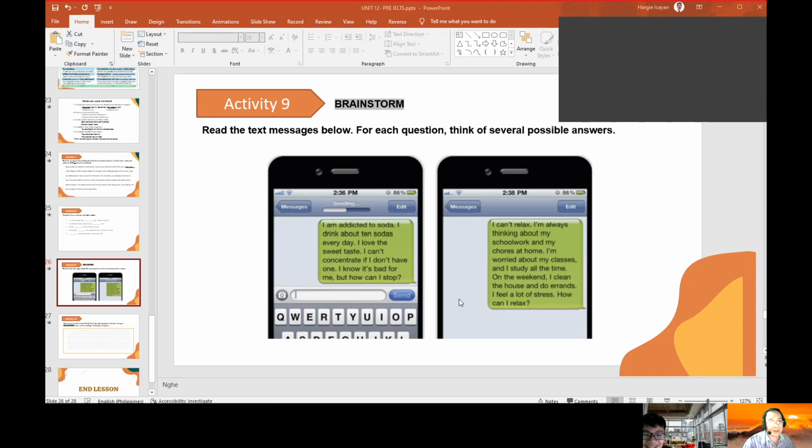Different situation, but now look at this one also, Koi. We have words in here: I can't relax. So meaning he or she has a lot of stress already because she cannot relax. And maybe she cannot sleep well, if that would be the case.